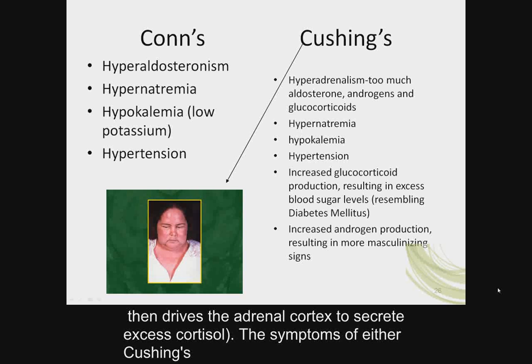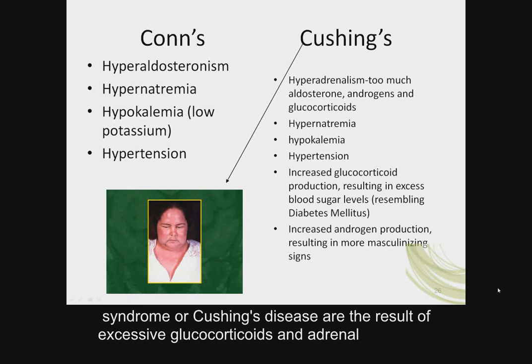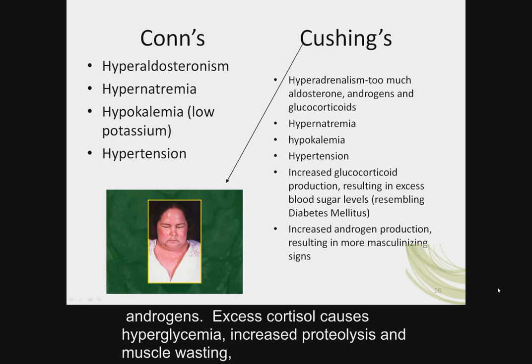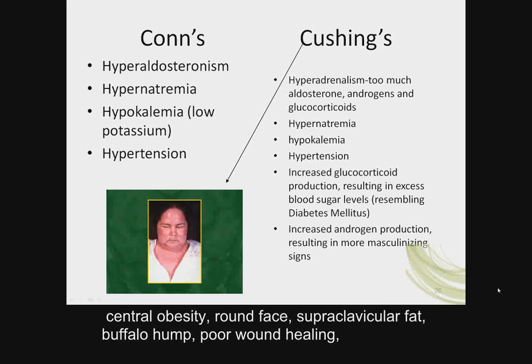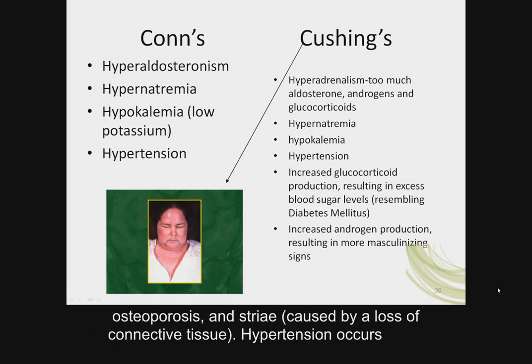The symptoms of either Cushing's syndrome or Cushing's disease are the result of excessive glucocorticoids and adrenal androgens. Excess cortisol causes hyperglycemia, increased proteolysis, and muscle wasting, central obesity, round face, supraclavicular fat, buffalo hump, poor wound healing, osteoporosis, and striae, which is caused by the loss of connective tissue.